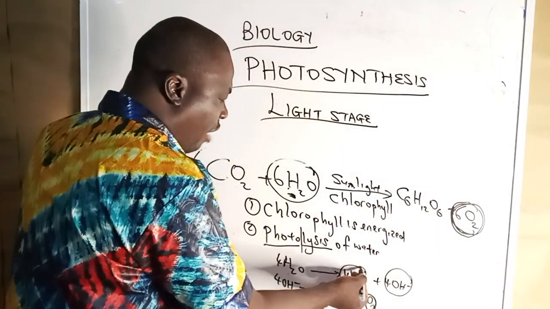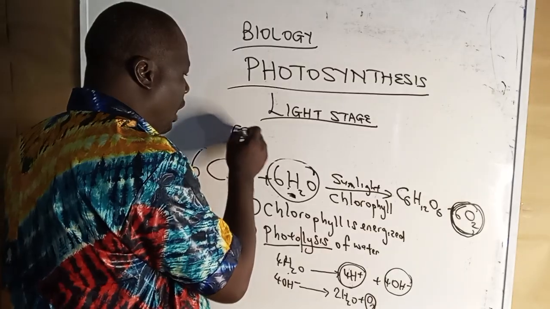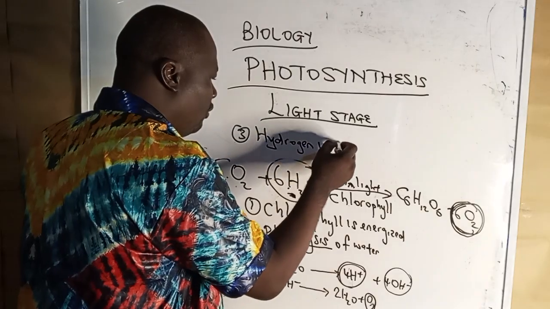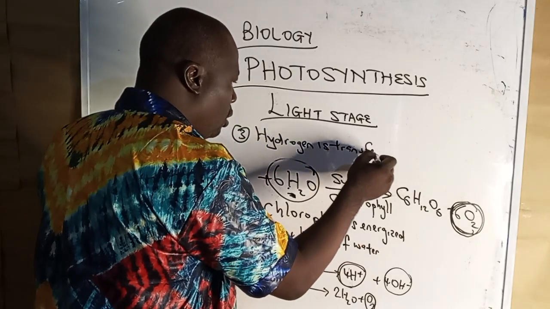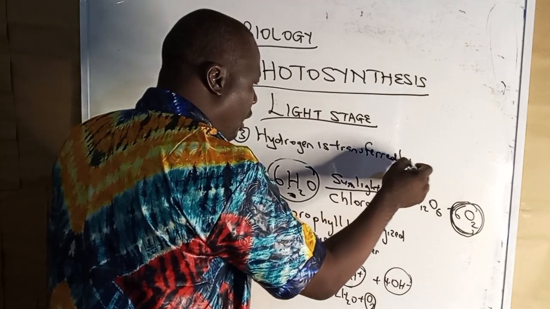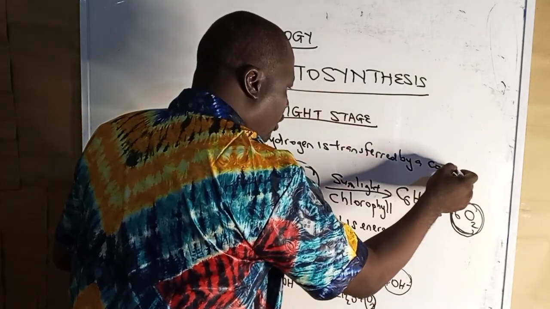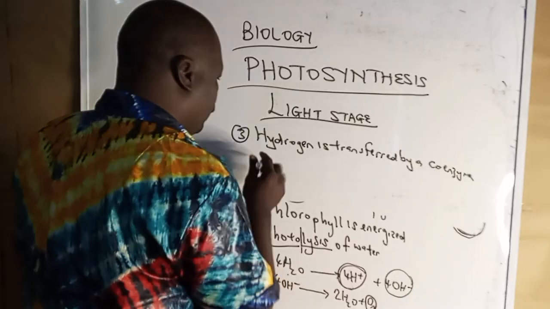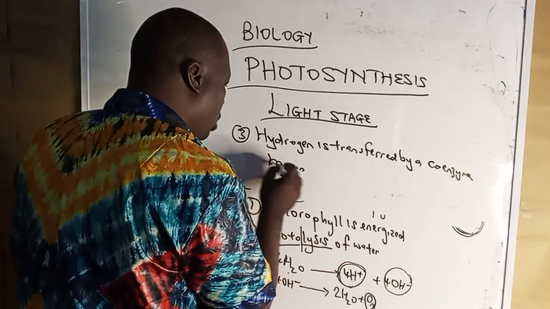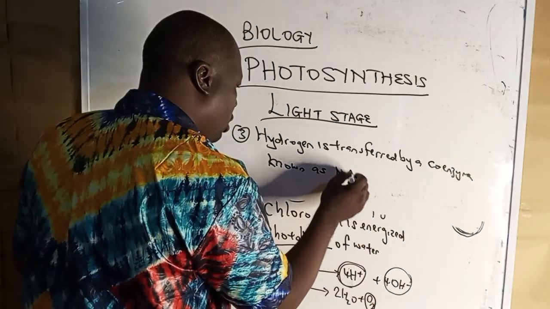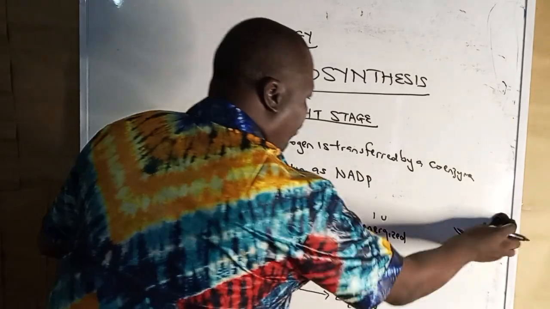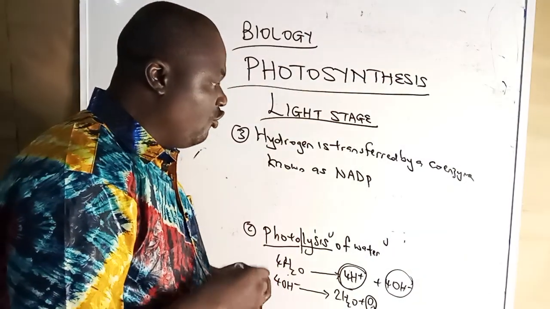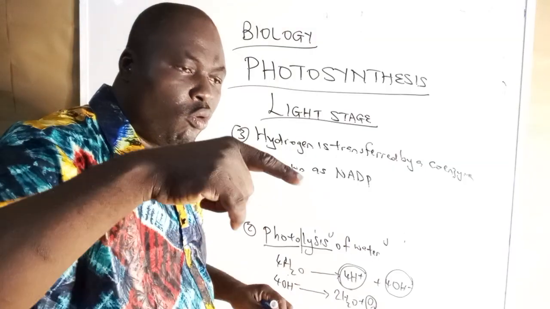Now this third step: hydrogen is transferred by a coenzyme known as NADP. So hydrogen will be picked up by coenzyme NADP. It's being transferred to the dark phase where it will be used to form sugar.